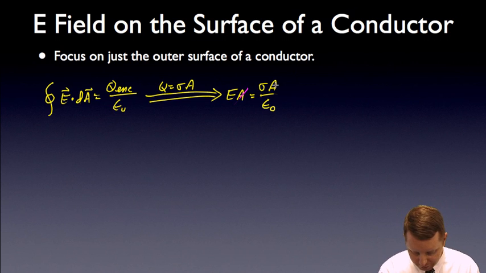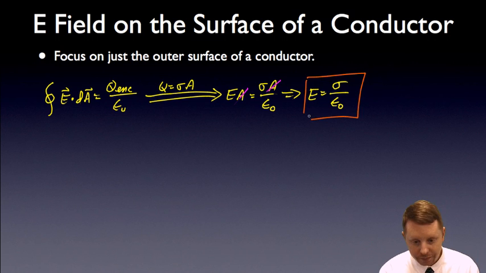Oh, look, we can make a ratio of 1 with our A's, divide both sides by A, and state that the electric field is sigma over epsilon zero. Should make sense. You have the largest electric field where you have the highest surface charge density.